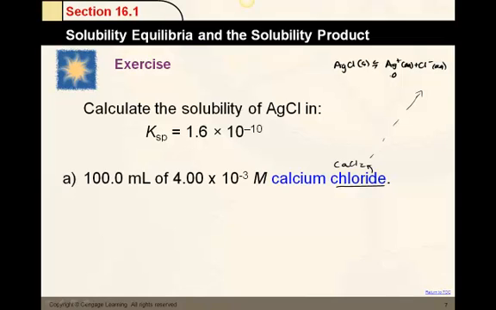So the concentration of chloride ions is 4 times 10 to the negative 3. Now, calcium chloride, when it breaks apart, forms calcium and chloride ions, 2 chloride ions for every calcium chloride. So if the concentration of calcium chloride is 4 times 10 to the negative 3, then chloride is 8 times 10 to the negative 3, and calcium is 4 times 10 to the negative 3.